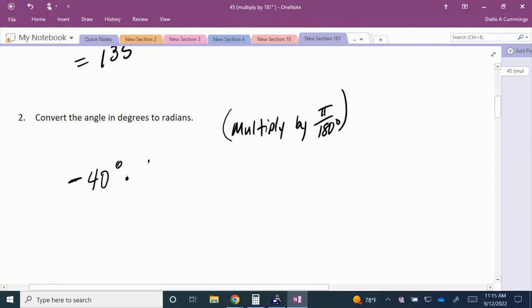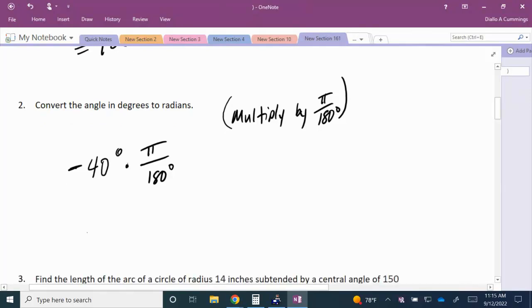So I'm going to multiply negative 40 times pi divided by 180 degrees. A negative times a positive is a negative.